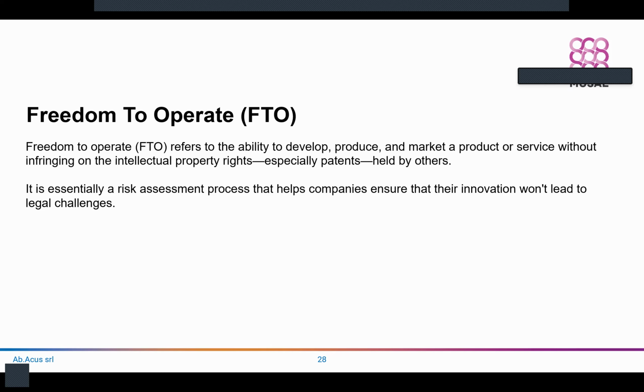Because you need to know what you're going to develop. Not only because if you develop something that has already been developed by others, you cannot protect it, but also because you risk copying the work of other people. So it is very important to know what already exists in such a way to develop something that is different.